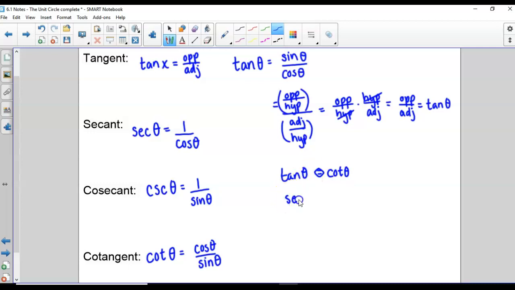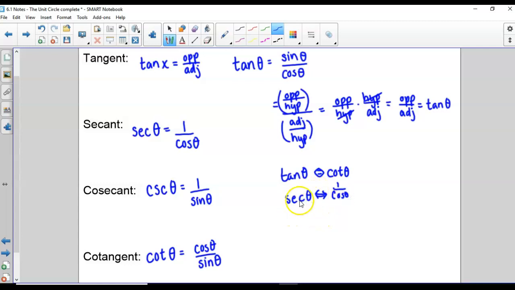So secant of theta, I know it sounds like it should go with cosecant, but it doesn't. Secant has to go with something that has a co with it. So if it's not cosecant, then that just leaves us sine and cosine. So it's got to be the 1 over cosine of theta.